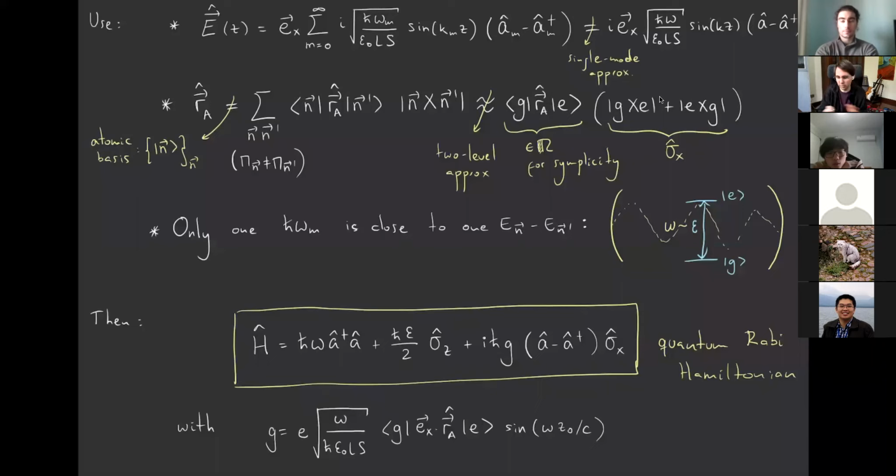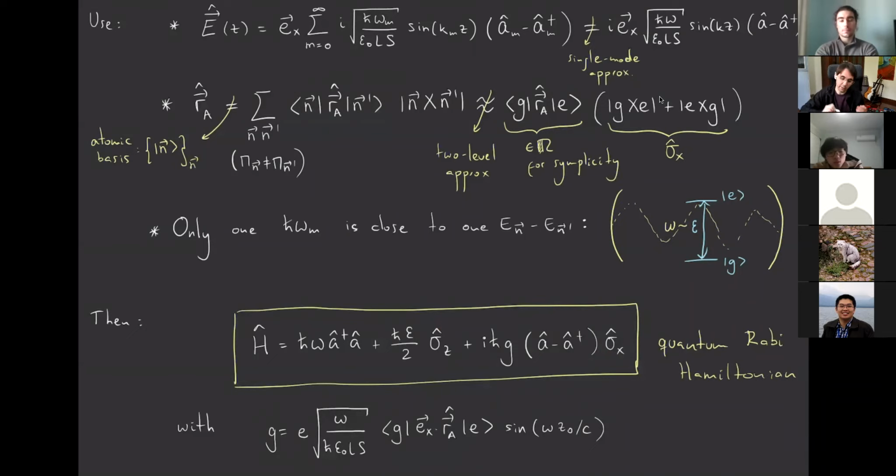But mathematically, the only important thing is that we have a Hamiltonian that has a harmonic oscillator term for one electromagnetic mode, a two-level system free term for the atomic transition, and then some interaction between them that goes through one quadrature of the electromagnetic field, in this case the P quadrature, A minus A dagger times sigma x.